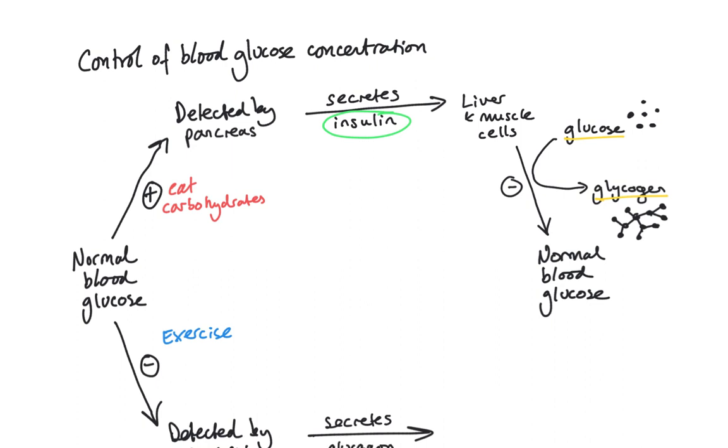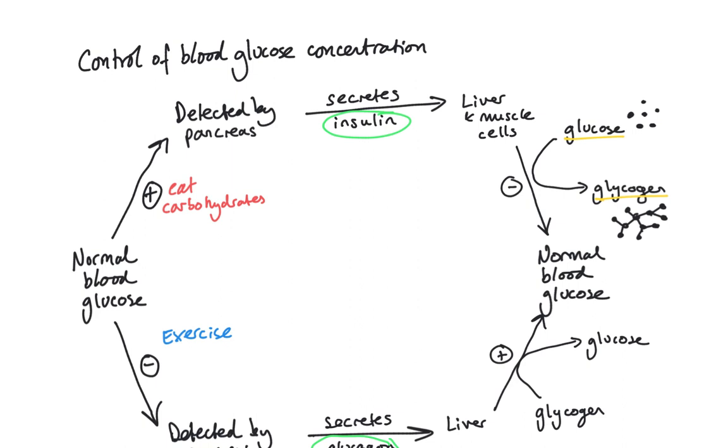So that's our other hormone, glucagon. This causes the liver, not muscle cells this time, to release its stores. So this is where glycogen, as above, because we're still in the liver, gets converted back into glucose. And therefore we raise the blood glucose, and we get back to normal.